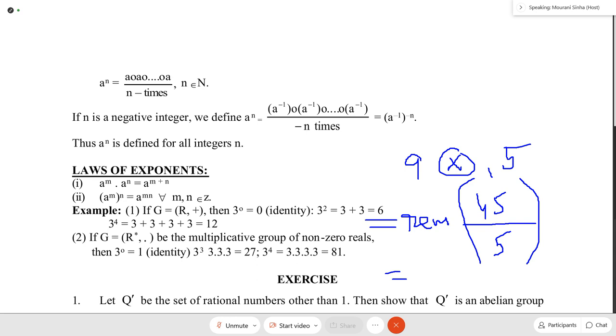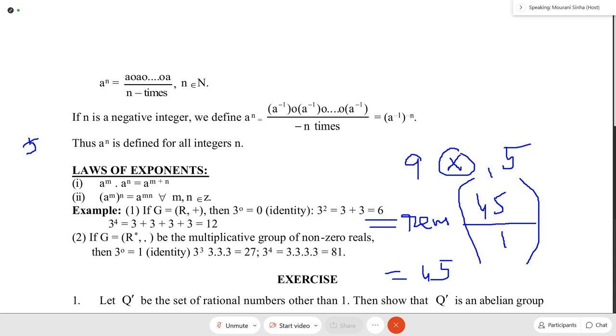Divide by 1, not 5. It is multiplication modulo 1, so it is divide by 1. So 9 into 5, divide by 1. What is your remainder? That is what is happening. If I divide 45 by 1, my remainder is 45. So this is my answer, 45.